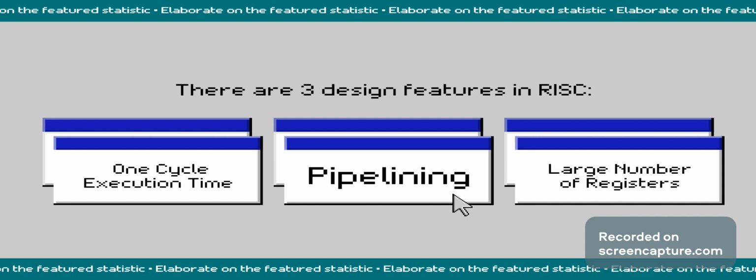In architecture, a clock cycle is the time interval required for the clock signal to complete one full cycle. Therefore, instructions that can be executed within one clock cycle are considered to have one cycle execution time.